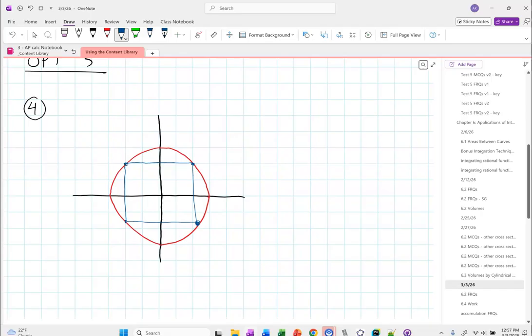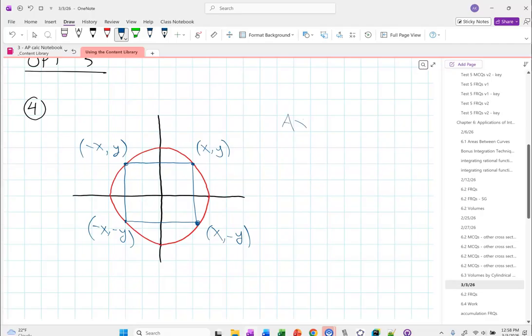It will look good enough. So there's my rectangle embedded inside of that circle. So far so good? So this is the point x, y. This would be the point x, negative y. This would be the point negative x, negative y. This would be the point negative x, positive y. So far so good?